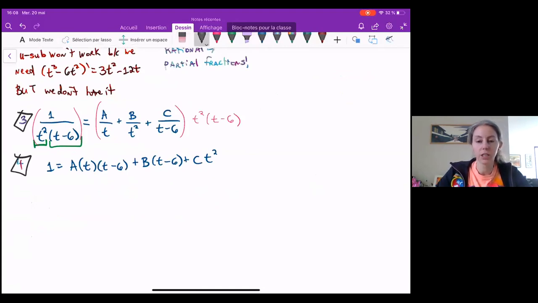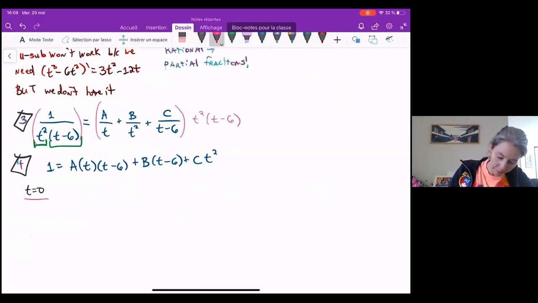Now we plug in our zeros. What zeros do we have here? 0 and 6. Thank you, Dylan. So first I'll start with t equal to 0. So I get 1 is equal to 0 plus B times negative 6 plus 0.